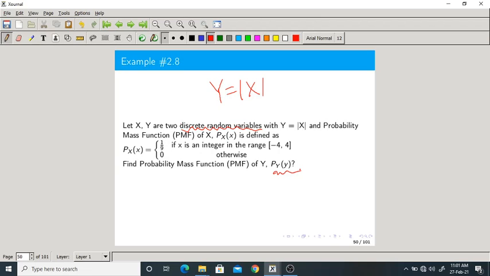Now we are discussing functions of a random variable. Y is a function of X, a non-linear function. In the question they gave us its PMF.